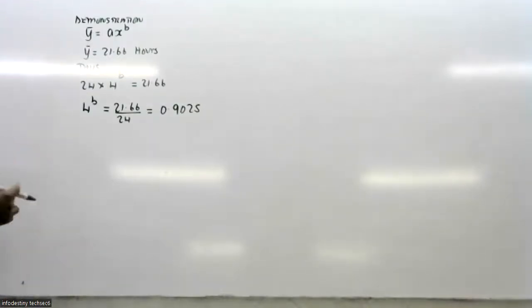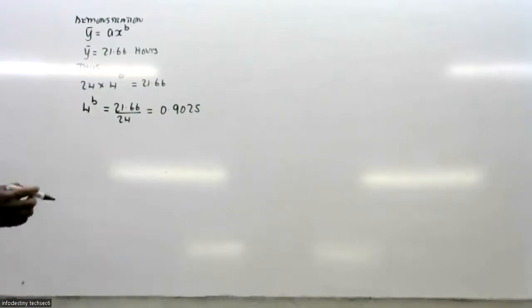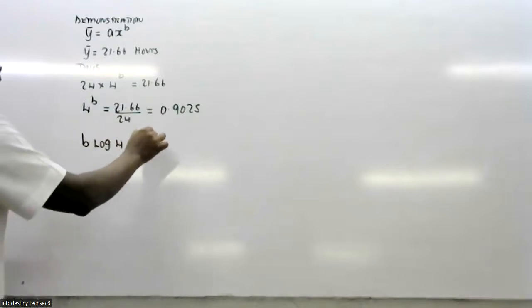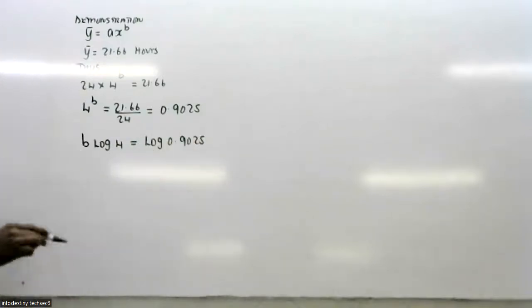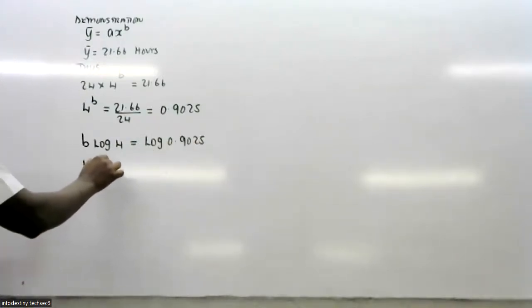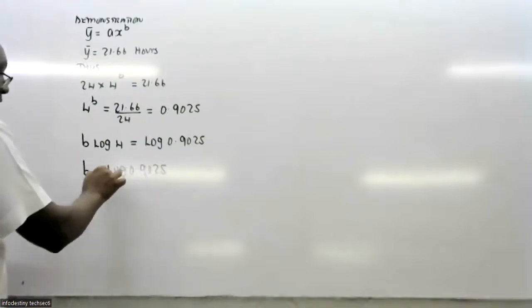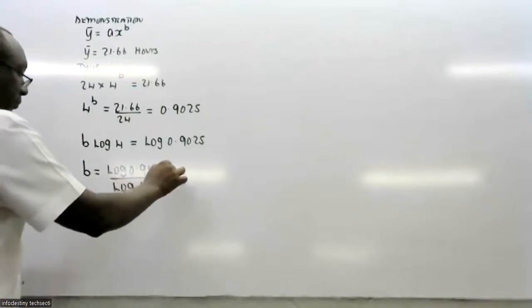So if you want to solve indices, I hope you remember those from Form 1 mathematics, you introduce logarithms. So that you say B log of 4 is the same thing as the log of 0.9025. So that for you to get B, it will be the log of 0.9025 divided by the logarithm of 4.